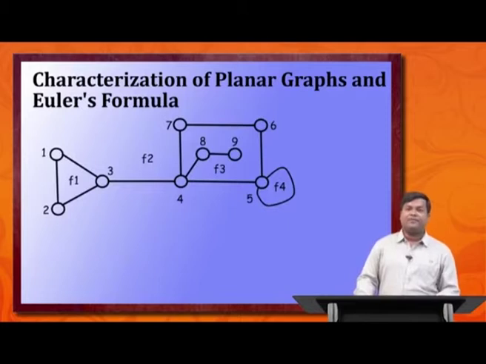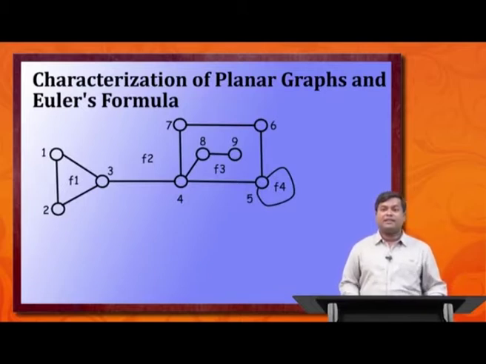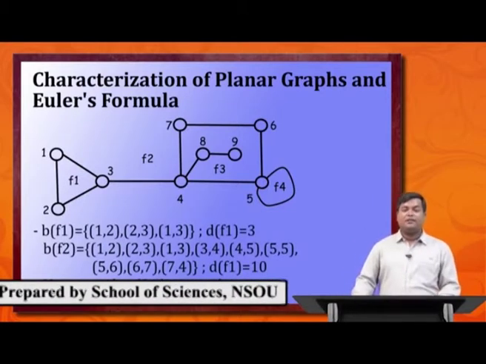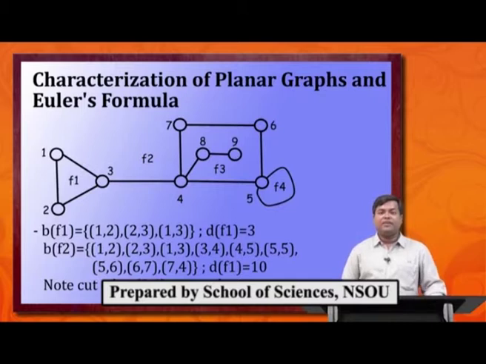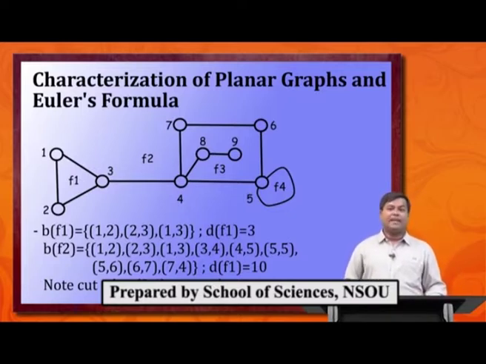So this is a particular graph where we have so many vertices, 1, 2, 3, 4, 5, 6, 7, and so many faces also, f1, f2, f3, f4, etc. Now what we need to calculate is the boundary of f1. As per the definition, we have found that 1-2, 2-3 and 1-3 is the set of edges inside the boundary of f1.